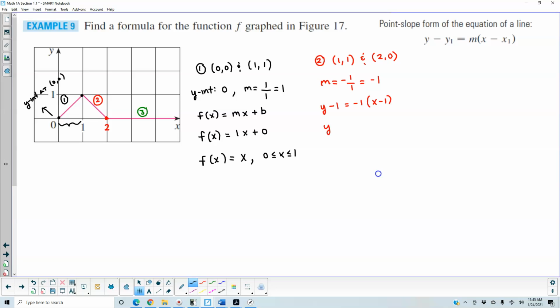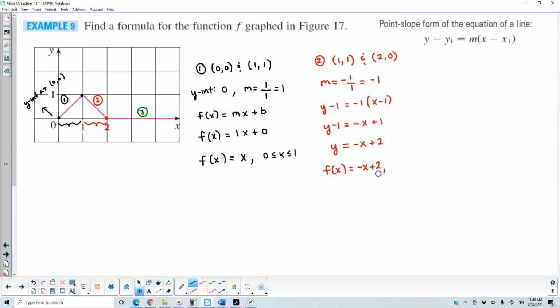So we get y minus 1 equals negative x plus 1. And if we add 1 to the other side, y equals negative x plus 2. Writing this in terms of a function of x, f of x equals negative x plus 2.